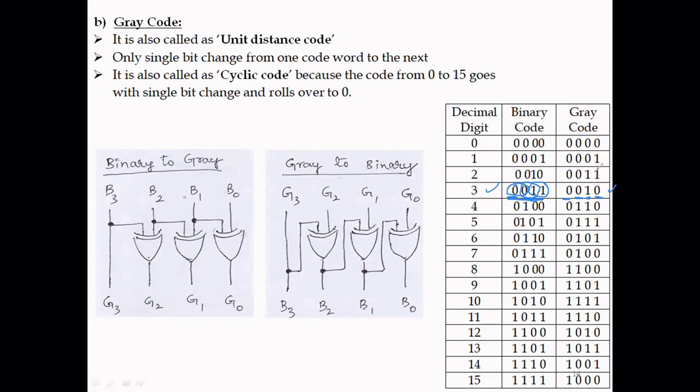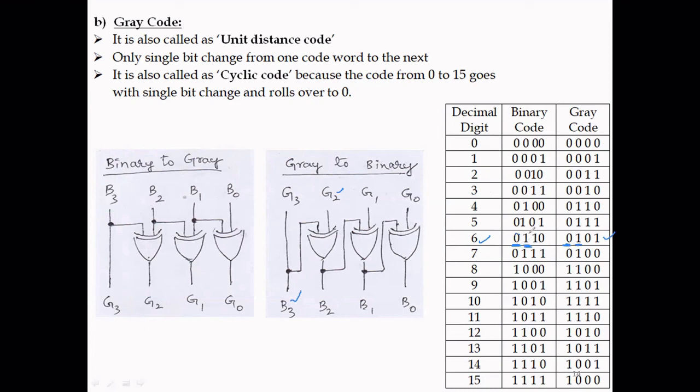The vice versa, gray to binary, you have to follow this diagram. Let us take the value 6. This gray code is given here, and we need to convert it into binary. Whatever the MSB, we take it directly. Then B3 and G2: 0 and 1 are different, that's why 1.